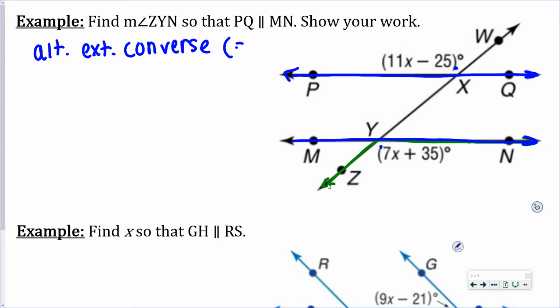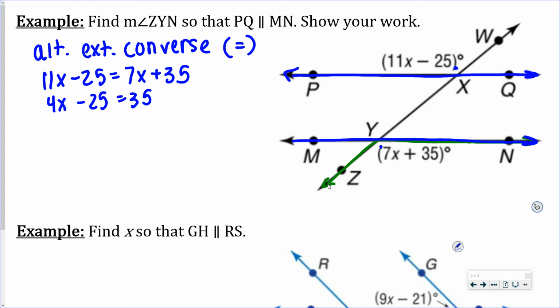The converse states that those two angles are congruent, so we can set up an equation. I have to find the measure of ZYN, but first I've got to solve for x. So subtract over the 7x. Okay, add over 25, we get 60, divide by 4, we get x is 15.